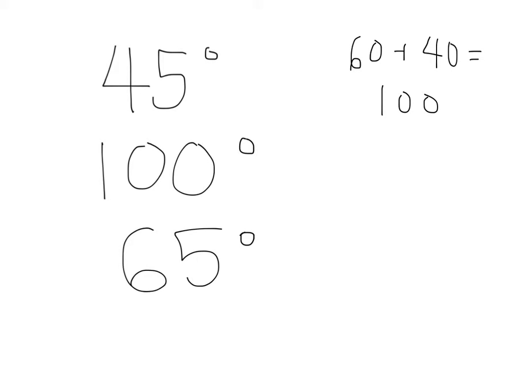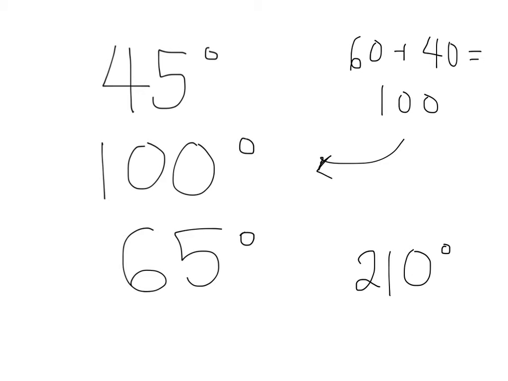So 100 plus 100 is 200. Too much already. So if I added 45 plus 65 plus 100, how much does that equal total? Noi? 210. 210 degrees.